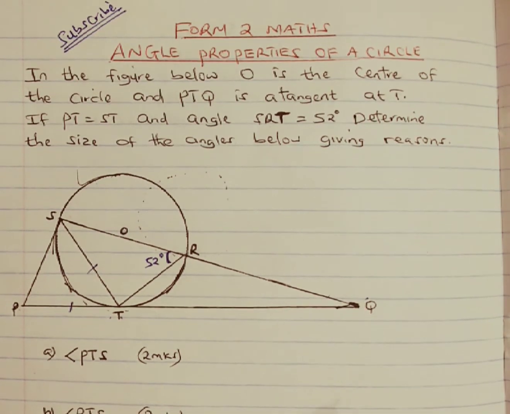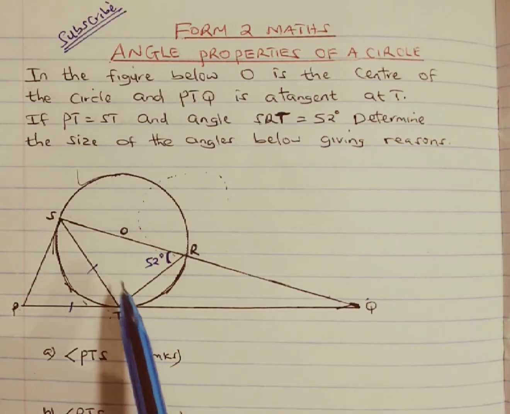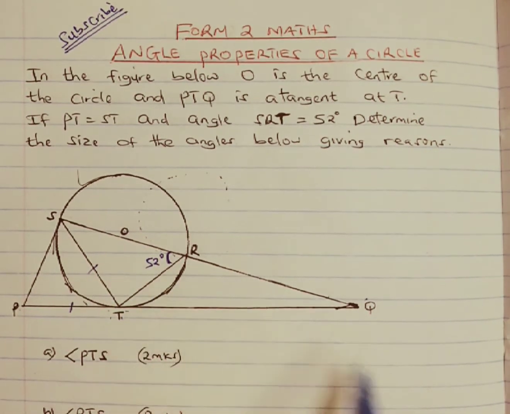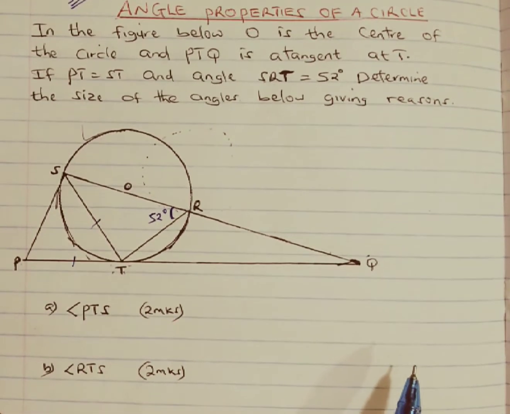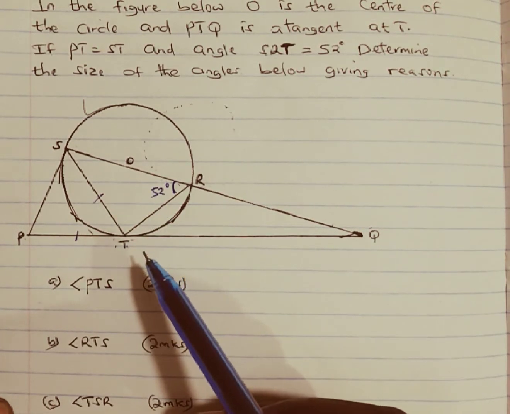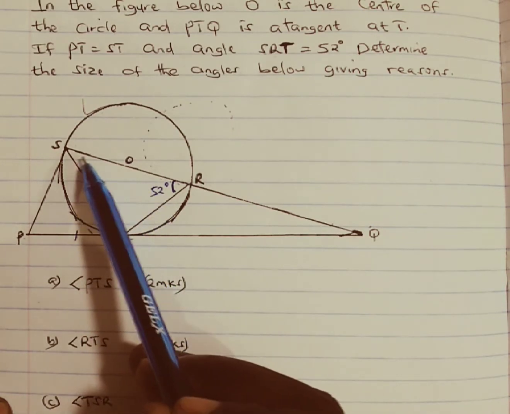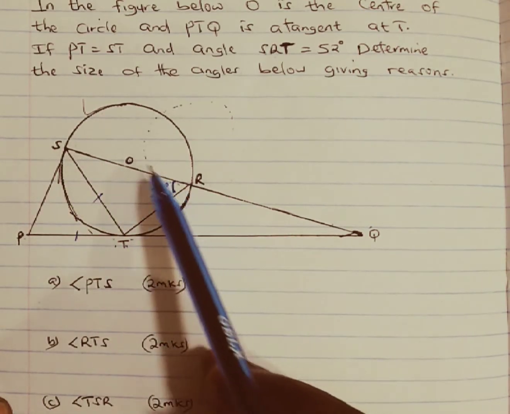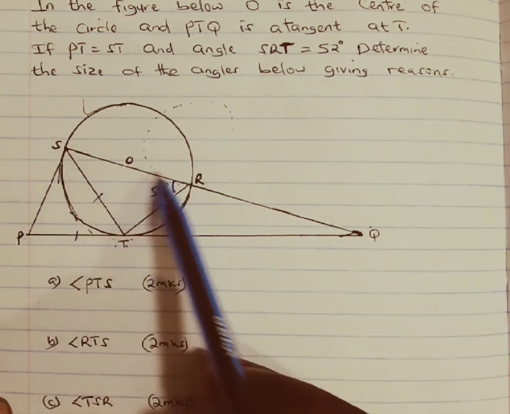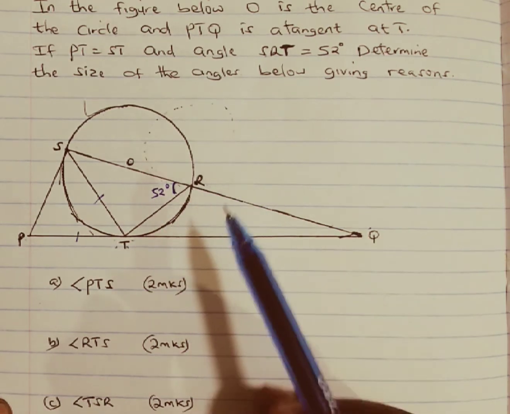Before we give out reasons, we need to work out all the unknown angles. Then from there we can go down and give out the reasons. We can begin from anywhere. If we look at SOR, it is the diameter of the circle, and the diameter will always make an angle of 90 degrees at the circumference.